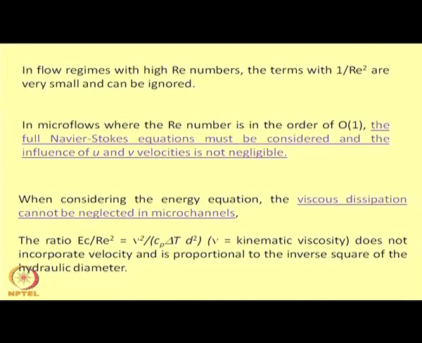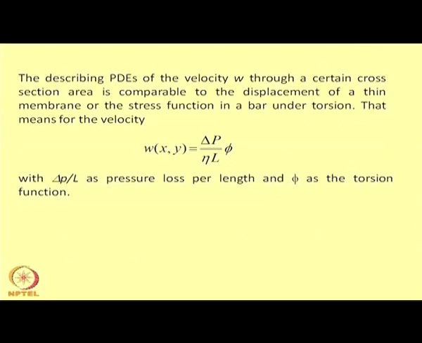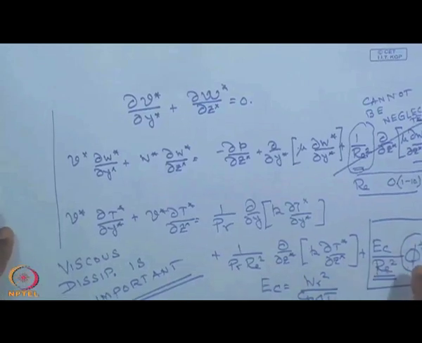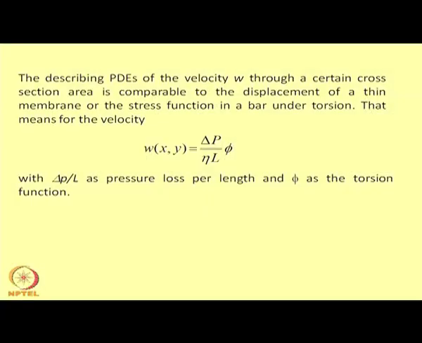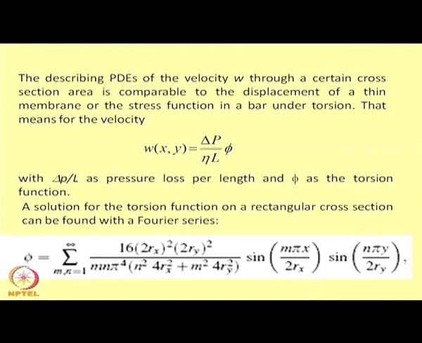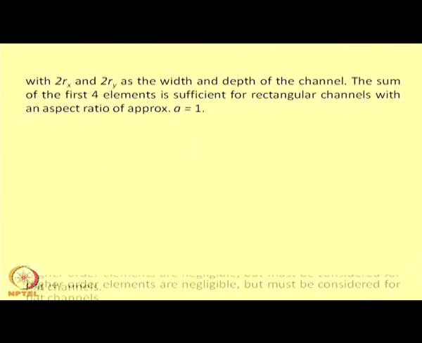These three equations have been solved for different situations, and the solution, given in some of the texts, the last solution as a Fourier series, is for the stress function of a bar under torsion.